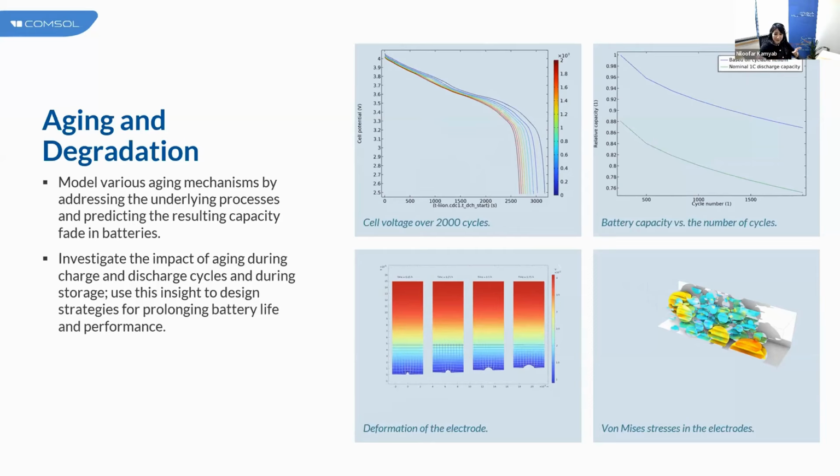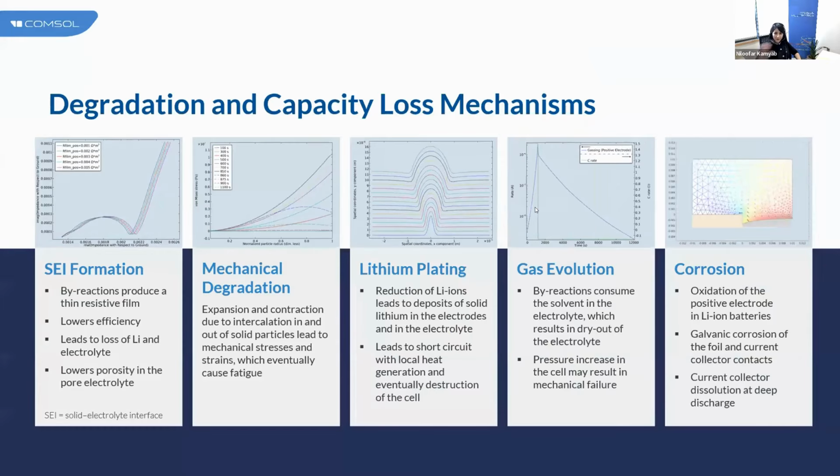Is it just capacity? In many cases, capacity loss is not the only issue. It leads to other issues. The electrode gets deformed, the current collector gets dissolved, the electrolyte gets completely consumed. So there are other consequences that you would be interested in. You would like to resolve different degradation mechanisms here, as you see on this slide, but not limited to.